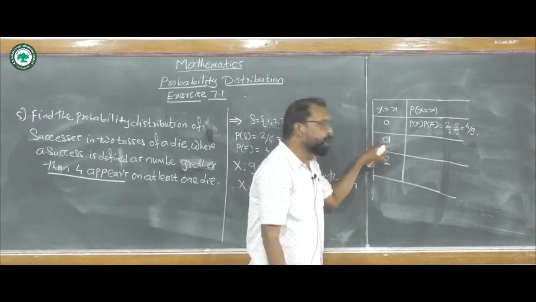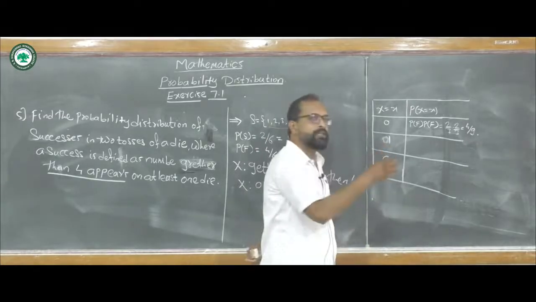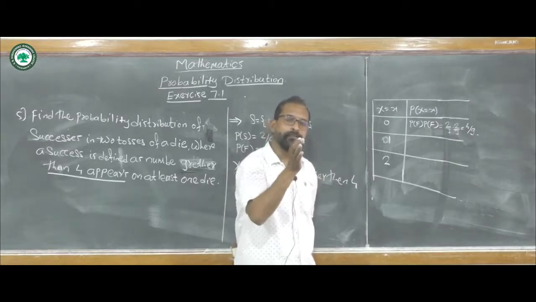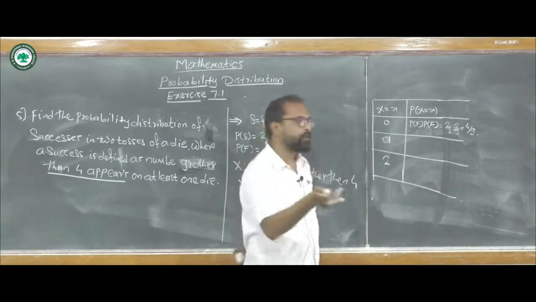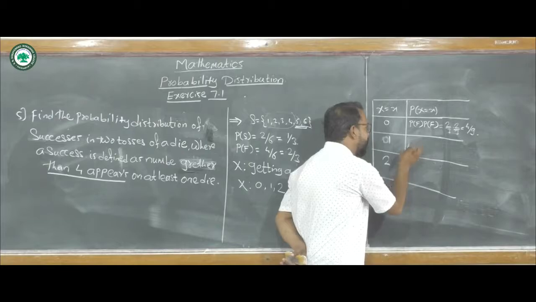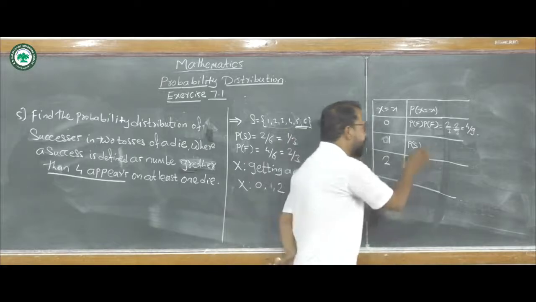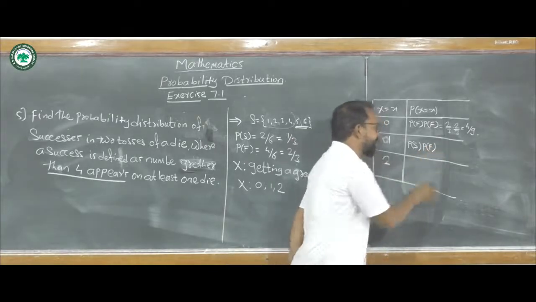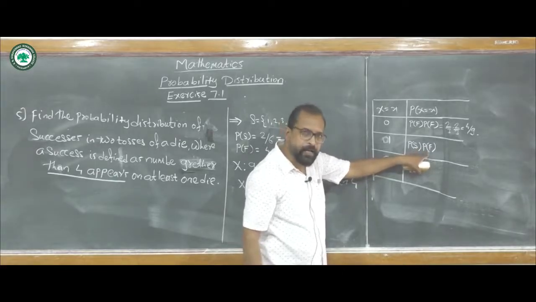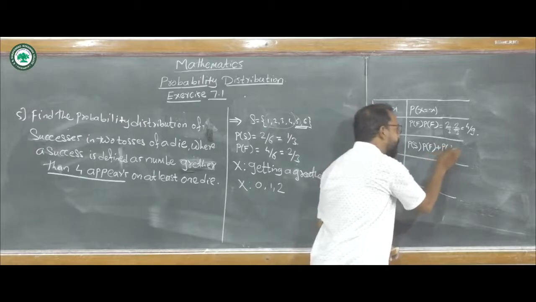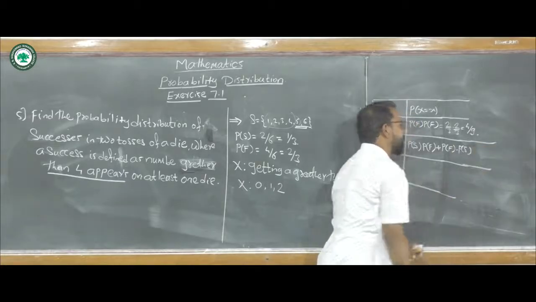Now in 2 tosses getting 1 success. That success, or that number greater than 4, is on first toss or on second toss. That is, we have to find the probability of success on first trial and failure on second trial, or failure on first trial and success on second trial.